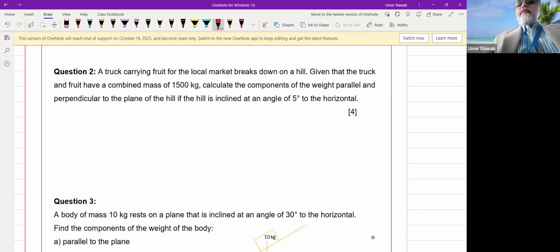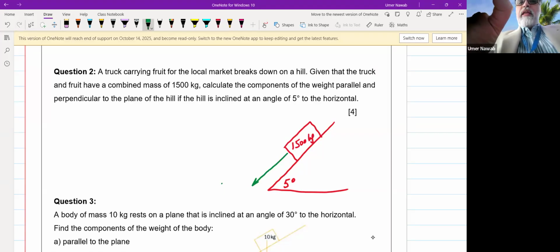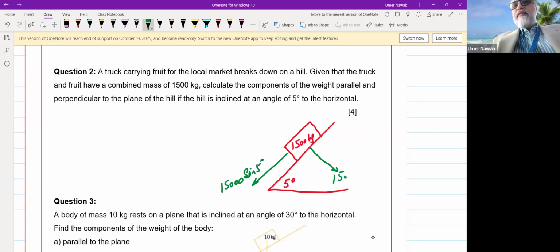As you know, for an inclined plane at 5 degrees with a mass of 1500 kilograms, the component along the plane is 15, add one more 0, times 10, sine of 5 degrees, and this is 1500 cosine of 5, well balanced with the normal reaction.